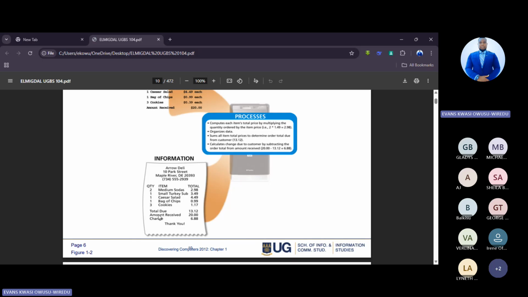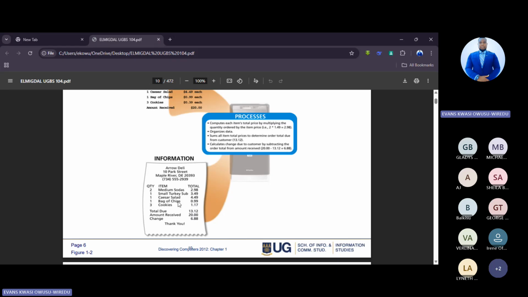So a tax is an expense, for those of us doing accounting. But for those of us not doing accounting, when we say it is an expense, it means it's going to add up to the things that you bought.